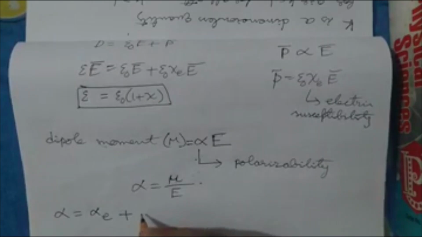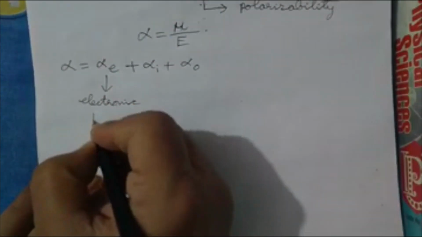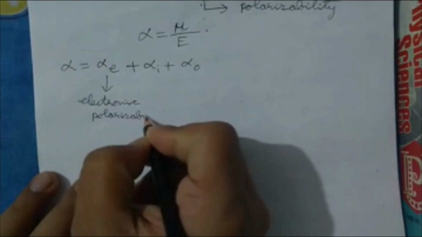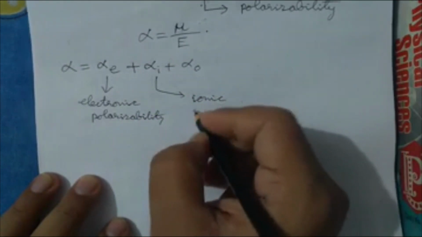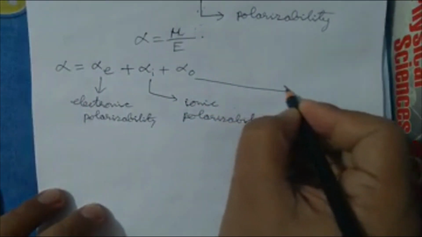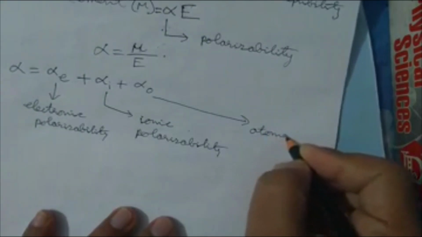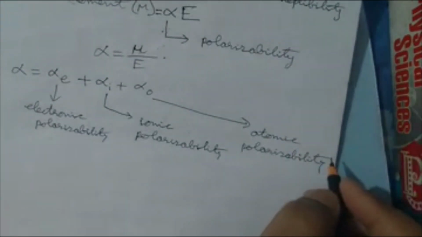Now alpha is written as alpha E plus alpha I plus alpha O, where alpha E is called the electronic polarizability, alpha I is called the ionic polarizability, and alpha O is called the atomic polarizability.